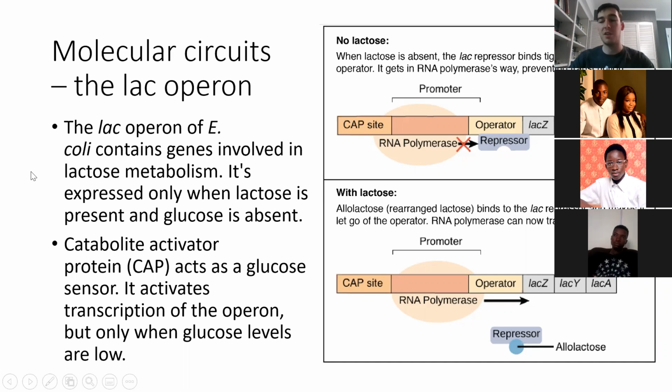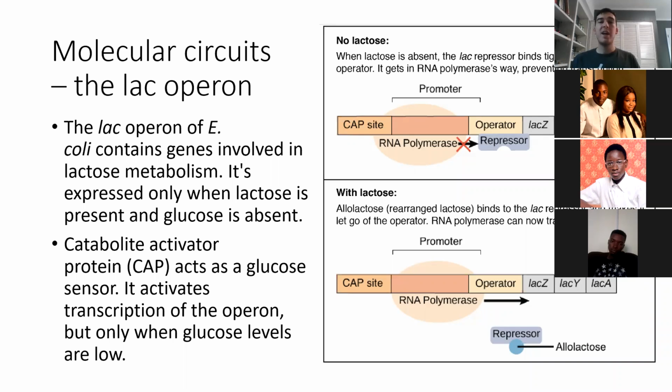If someone has lactose intolerance, they can't drink milk. Importantly, these genes are only expressed or produced when lactose is present and glucose is absent. If glucose is present, the cell wants to eat glucose. But if there's no glucose and lactose is the only sugar available, the cell will then want to switch to eat lactose. So how does it do that?